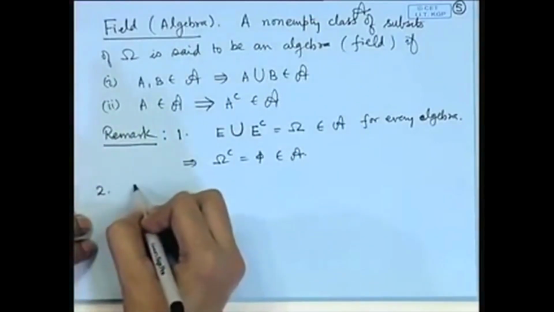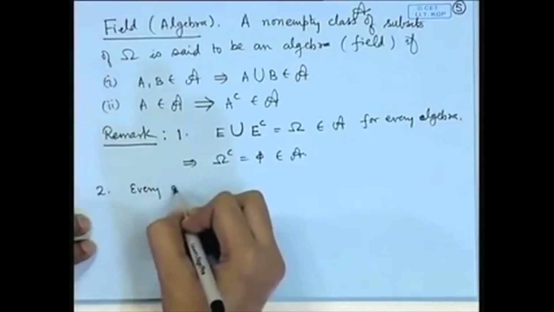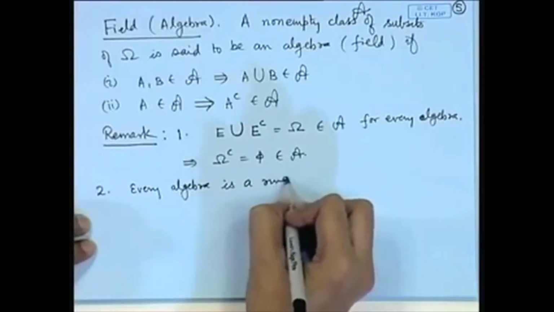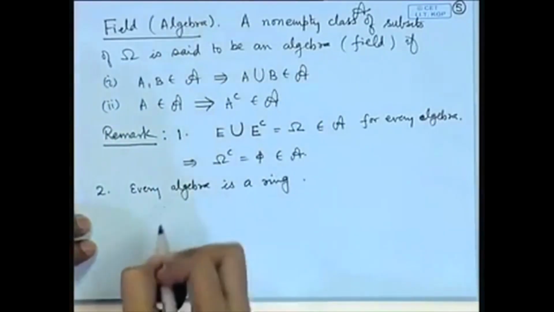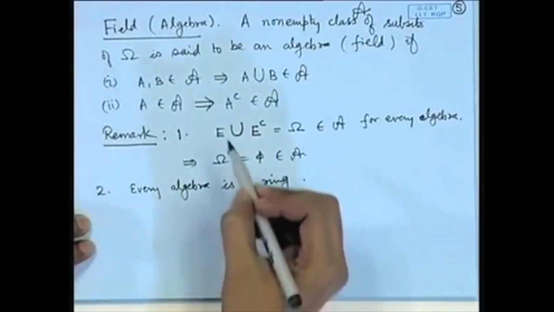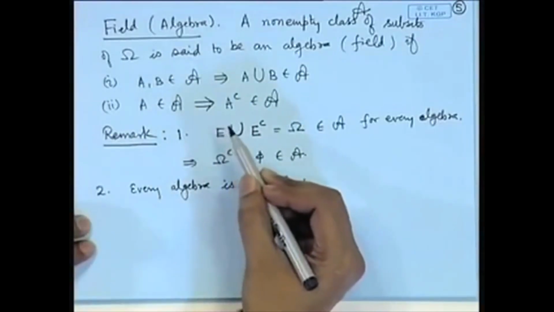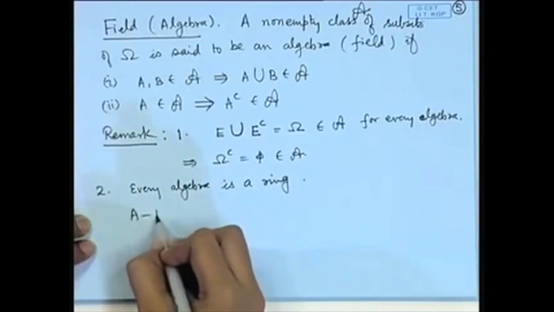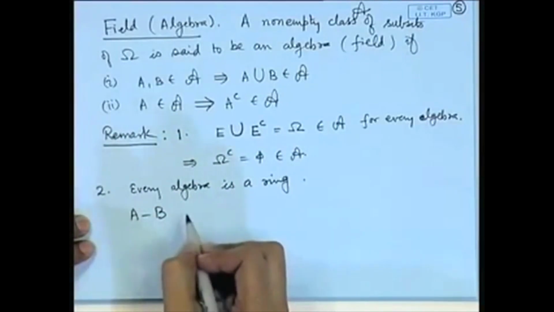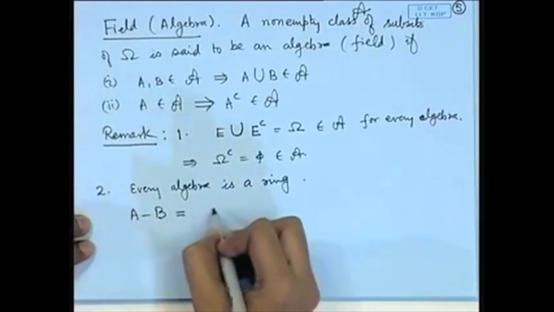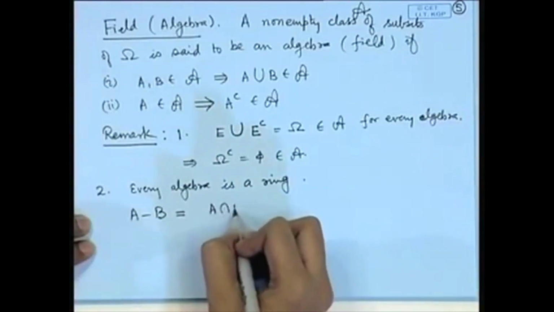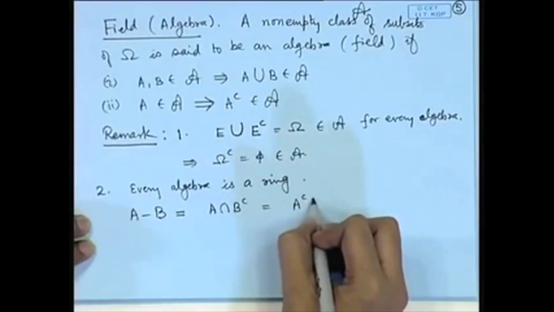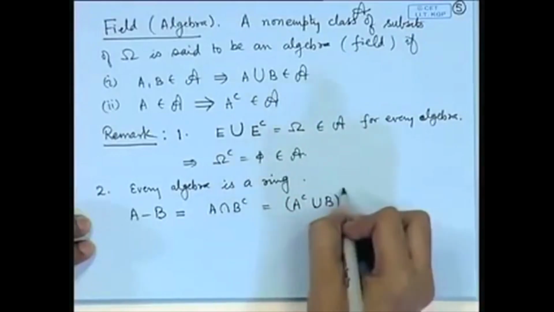Our second remark is that every algebra is a ring. Now, to prove this statement, we have to prove that the difference between two sets will belong to the algebra. If I take A and B as two sets in the algebra, then A minus B I can express as A intersection B complement, which is equal to A complement union B whole complement.